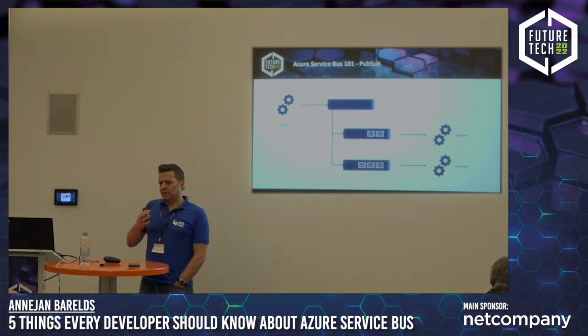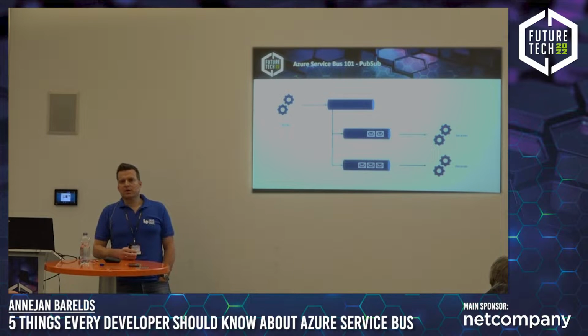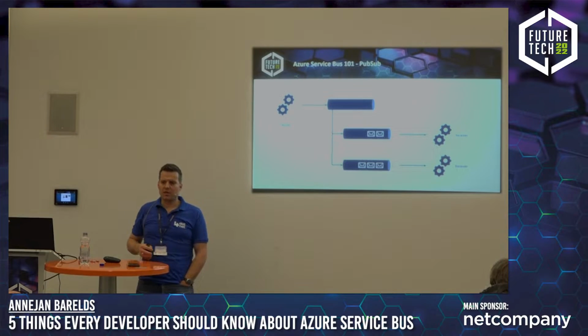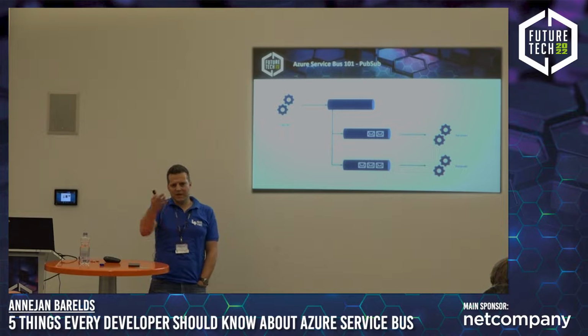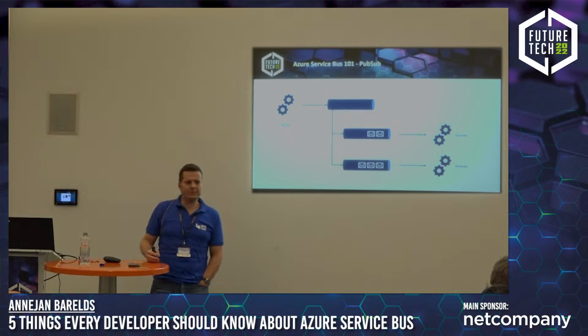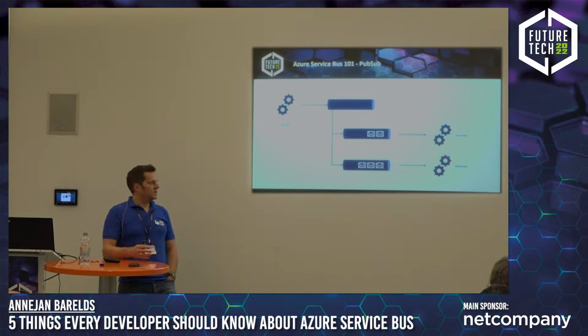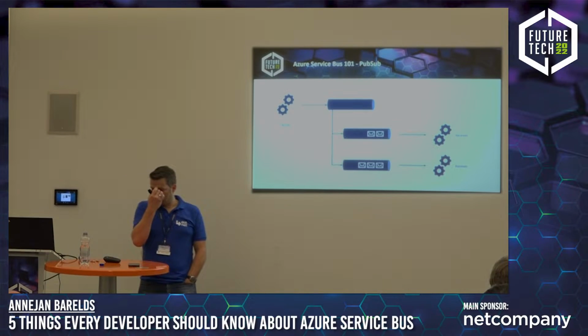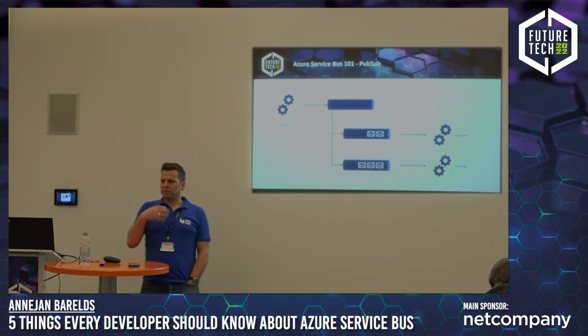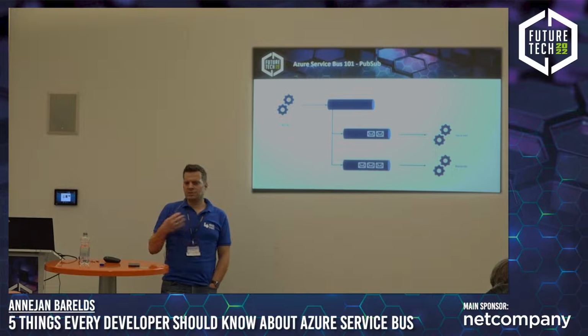As I said, not all is about queues. You could also have topics. When you have topics, you also have subscriptions. So you could have senders that push one message into a topic and then have multiple subscribers to that message, so each subscriber gets its own copy. That's basically Azure Service Bus topics and subscriptions. So a queue, from the perspective of the sender, is really the same thing as a topic.